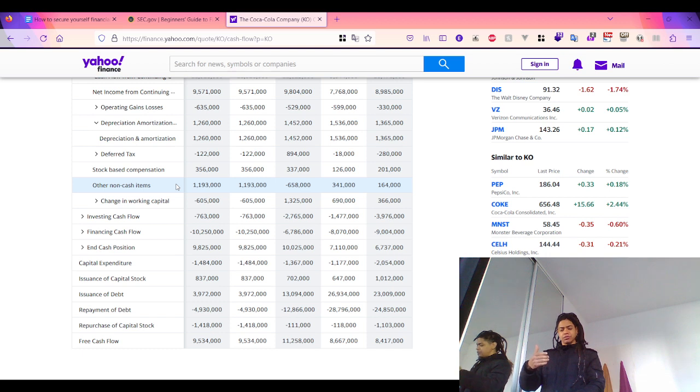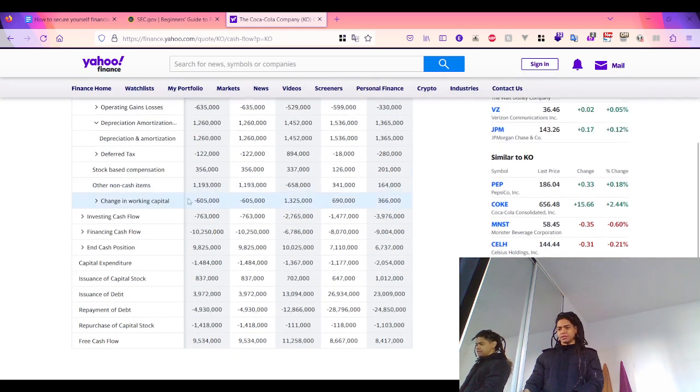According to Investopedia, if the company's cash flow comes primarily from operating activities, that's a good sign of a good investment.